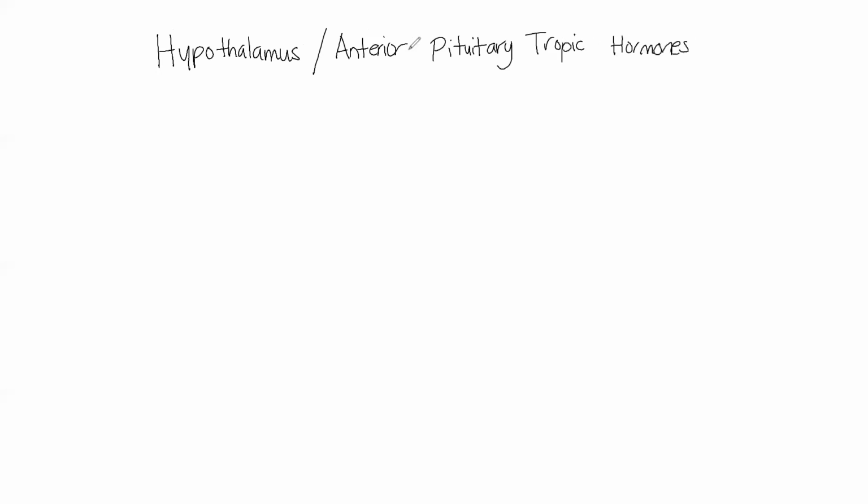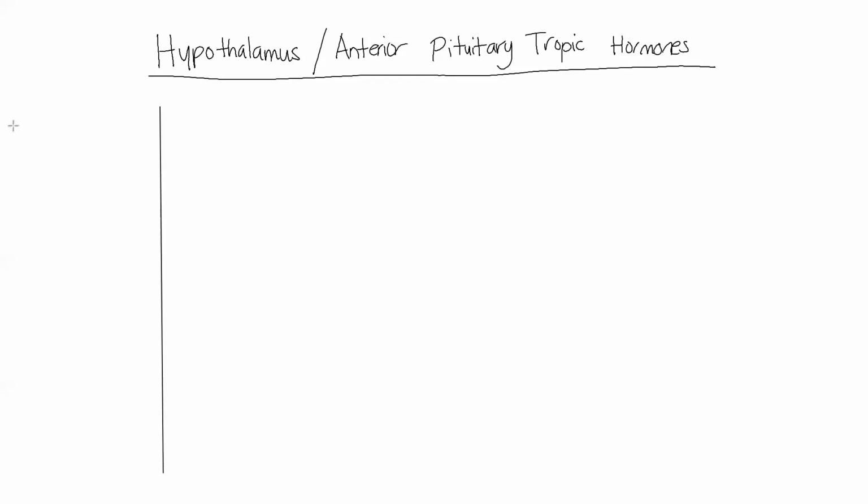So let's look at all the trophic hormones and endocrine hormones and glands that are associated in the hypothalamo-pituitary axis. So a couple of things here. Let's look at the location here.